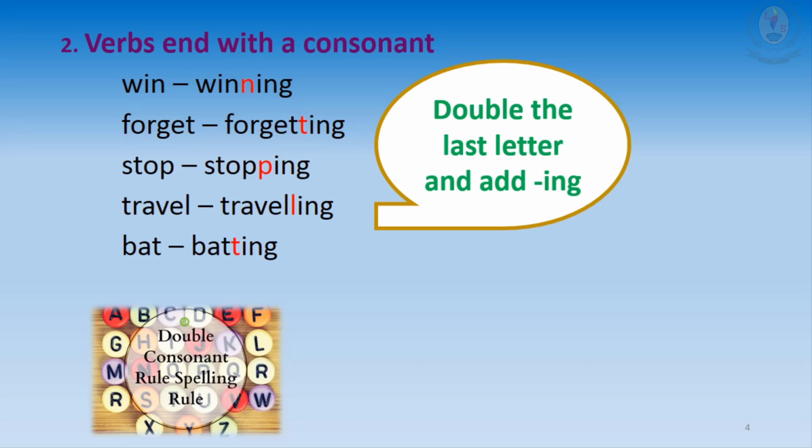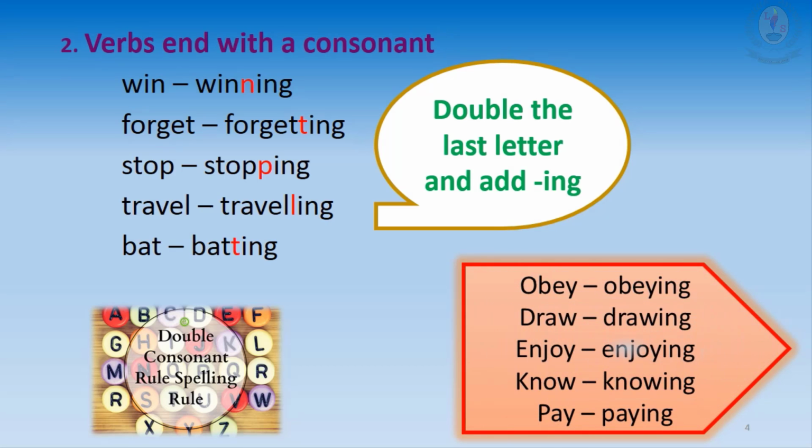Win, in; forget, et; stop, op; travel, at. So we get a single vowel sound. For these types of verbs that end with the consonant letter, we double the last letter and we add ing.